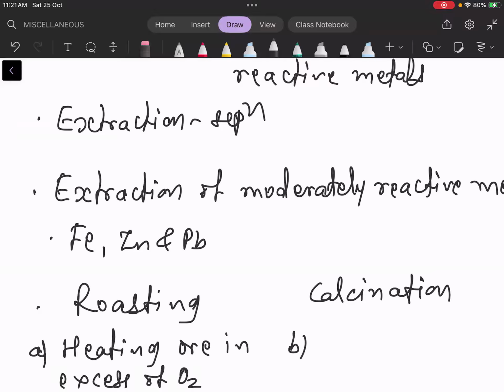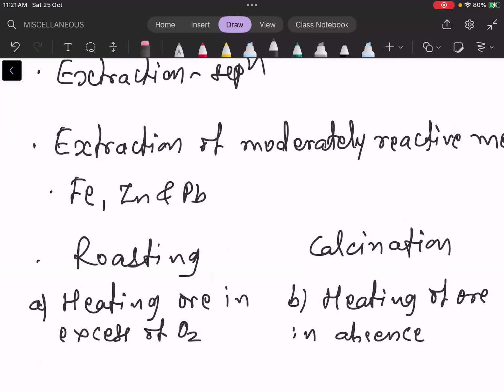Heating of ore in absence of oxygen or in limited oxygen is called calcination. Most important: roasting involves heating of ore in presence of excess oxygen; calcination involves heating of ore in limited supply of oxygen.